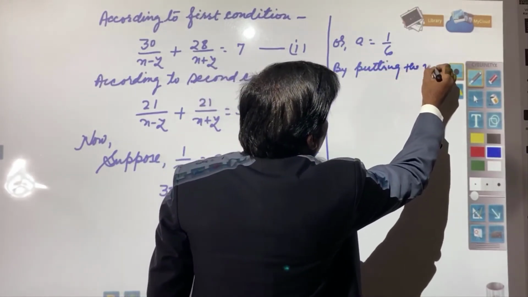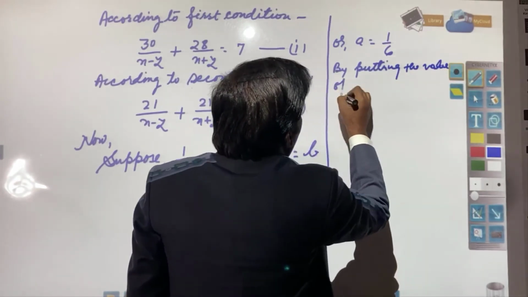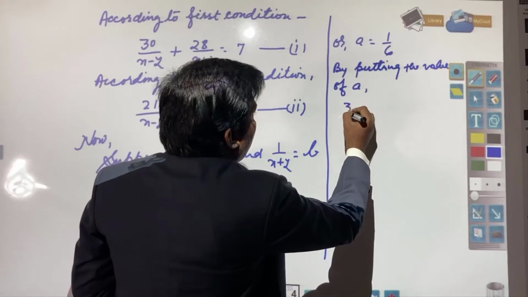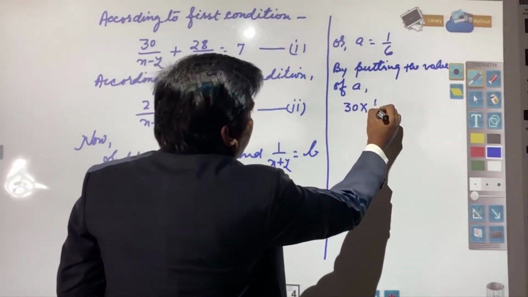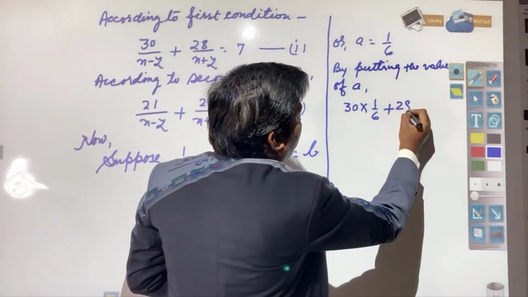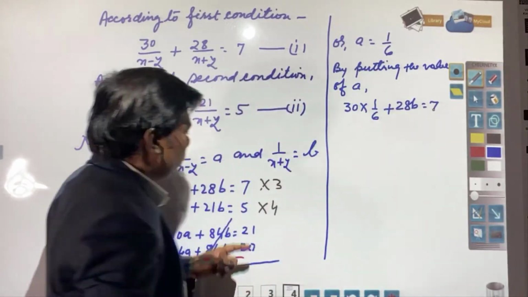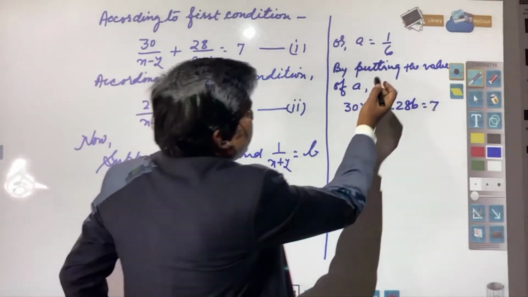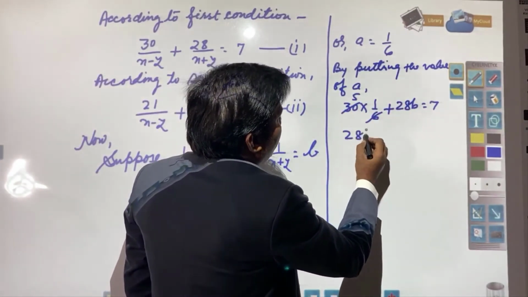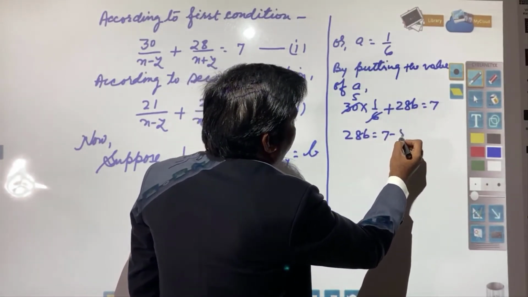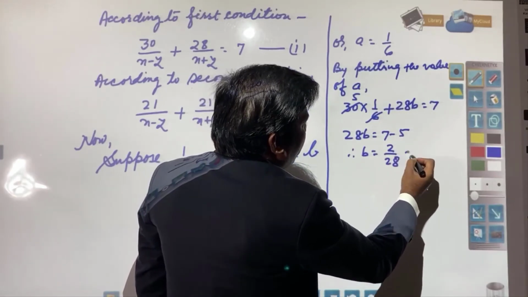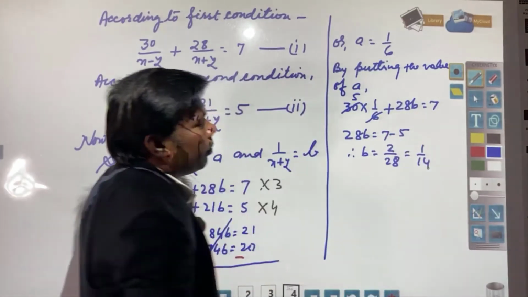Putting the value of a, we get 30 into 1 by 6 plus 28b is equal to 7. So 5 plus 28b is equal to 7, so 28b is equal to 7 minus 5. Therefore b will be equal to 2 by 28, which means 1 by 14.